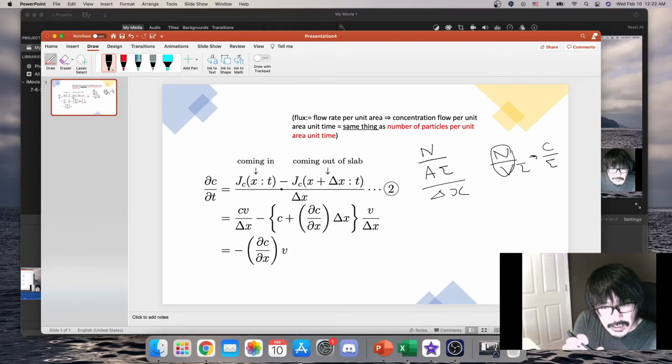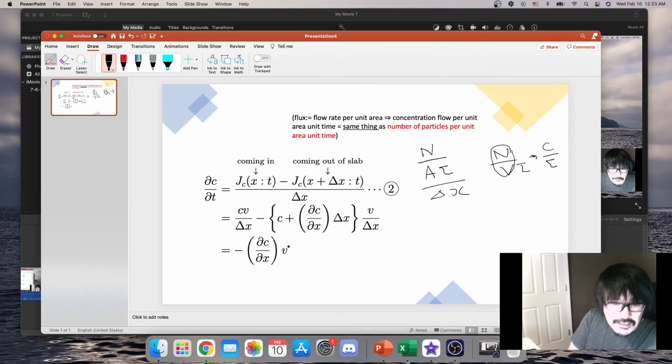As I make the distance x smaller and smaller, the time that's traveled is going to be shorter and shorter too. So the partial derivative with respect to time is going to be the same as the partial derivative of the concentration with respect to x, pretty much the same stuff too.